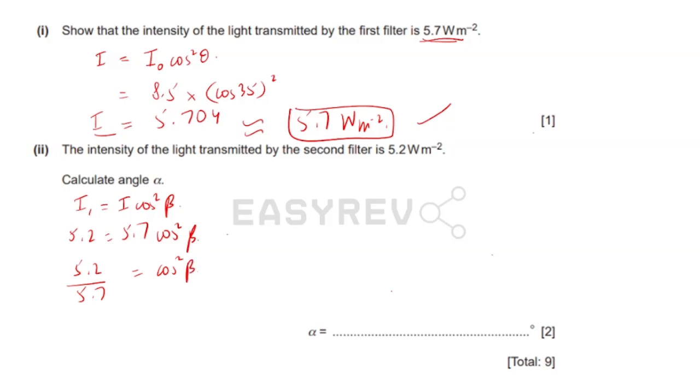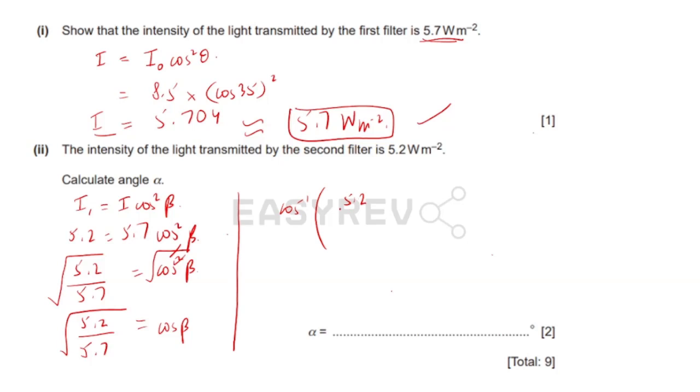I can take a square root on both sides to get rid of the square factor. I get cos beta equals the square root of 5.2 over 5.7. And then it's just a matter of taking the inverse cosine on both sides. I don't have to worry too much about solving this step by step every time. What matters is the final answer. And once you plug everything in and evaluate this at the end, you will get 17.2 degrees.